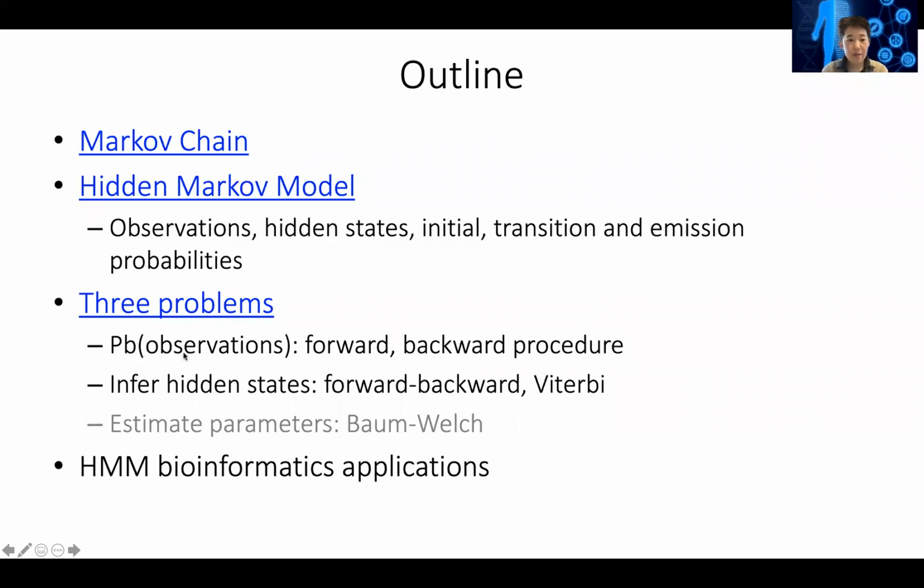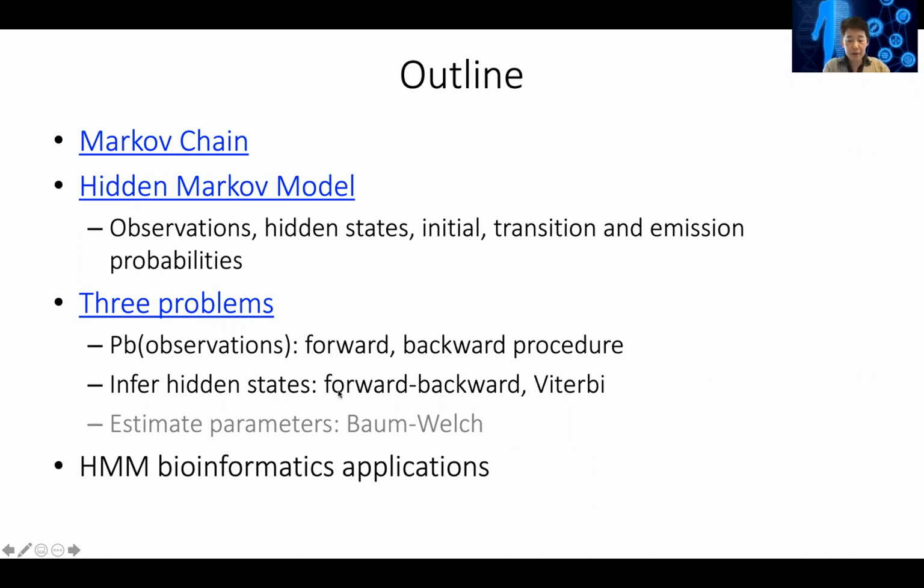The first problem of the hidden Markov model is to calculate the probability of a particular string of observations, knowing the parameters of the hidden Markov model. And we discussed two procedures, forward and backward procedure, and they should give you identical results. The second problem is to infer the hidden states.